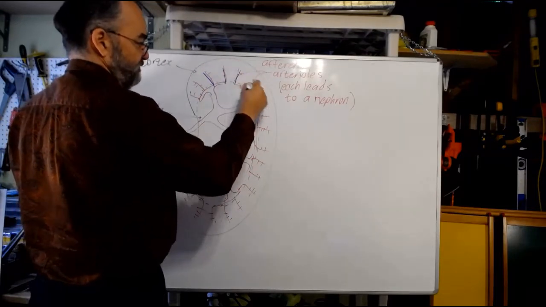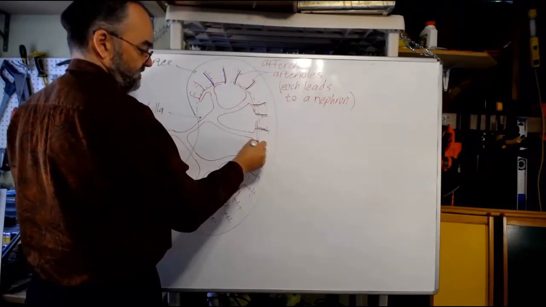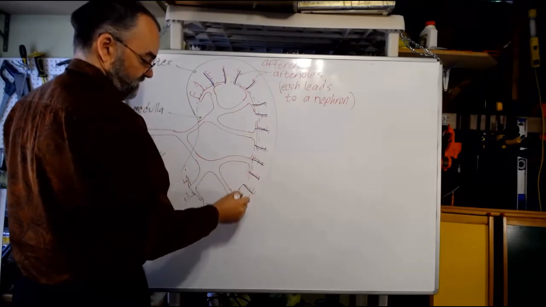It comes back along sort of a parallel pathway. We have tiny veins that head down out of the cortex alongside the little arteries that went into the cortex.